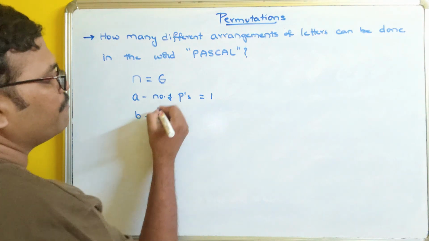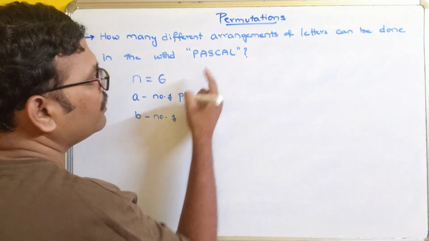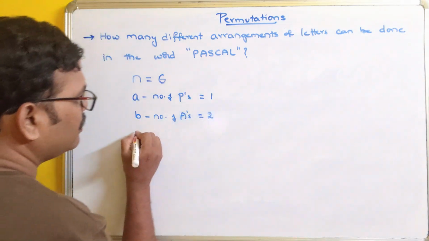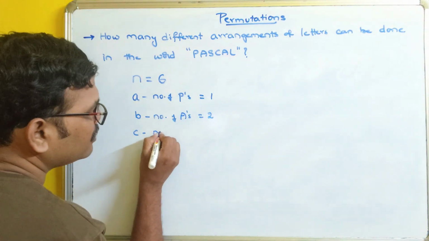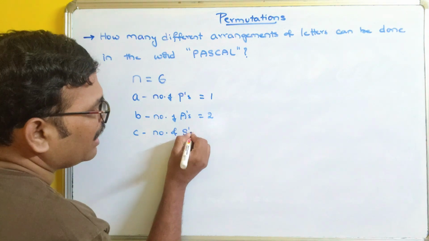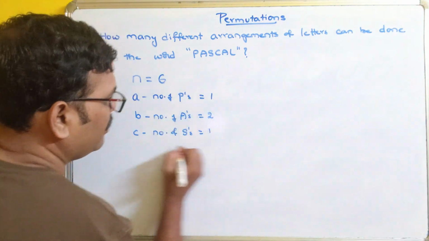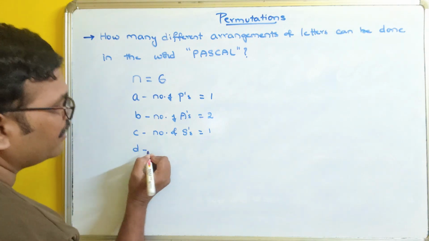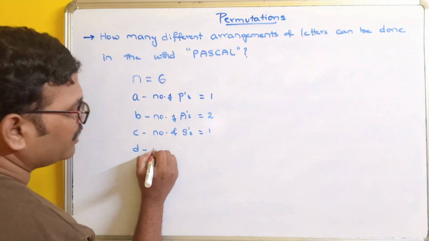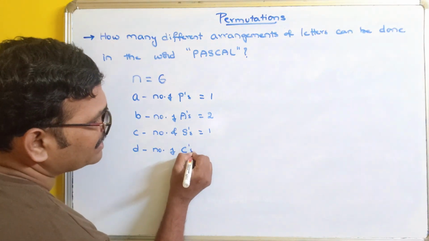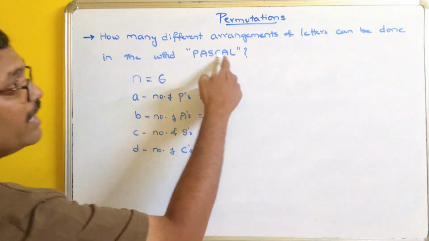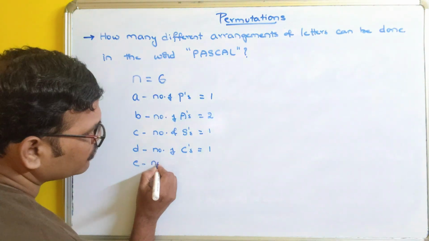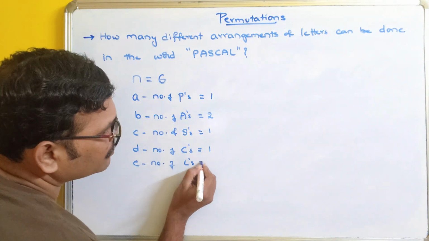Next, number of A's: 2. Next, number of S's: 1. Next, number of C's: 1. And A we have already done. And then L: number of L's is equal to 1.